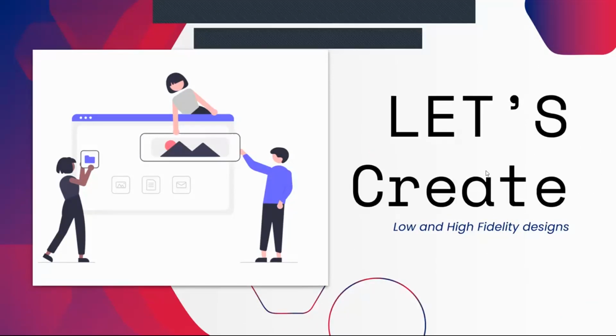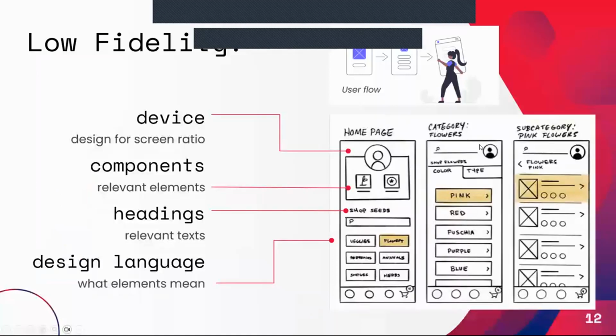A low fidelity design is usually you just grabbing a piece of paper and designing very simply what you want your user interface to look like. This is known as low fidelity, and it's called low fidelity because we don't account for functionality. We just want to see what it would look like in terms of layout.